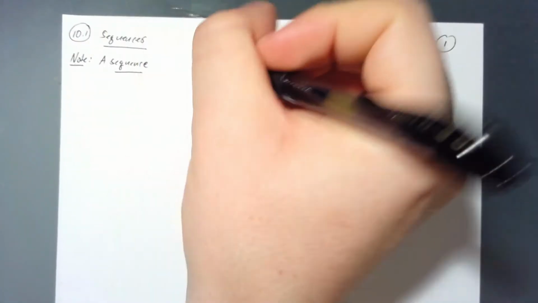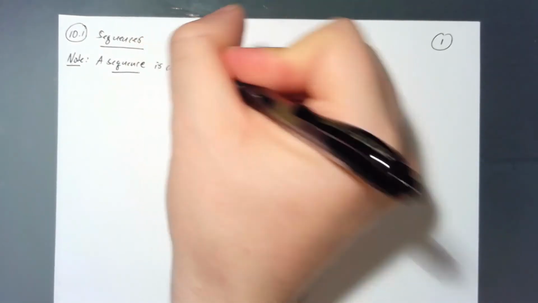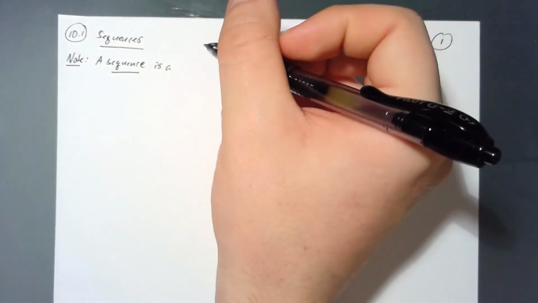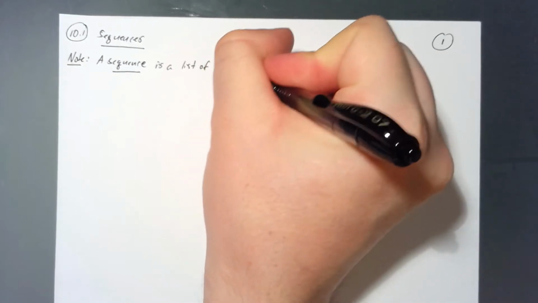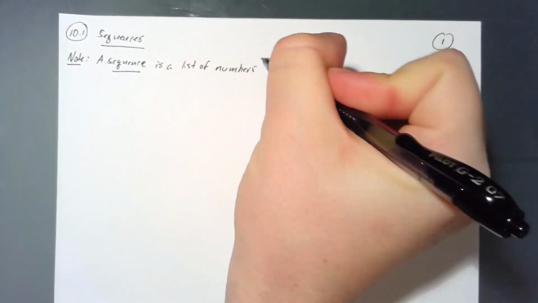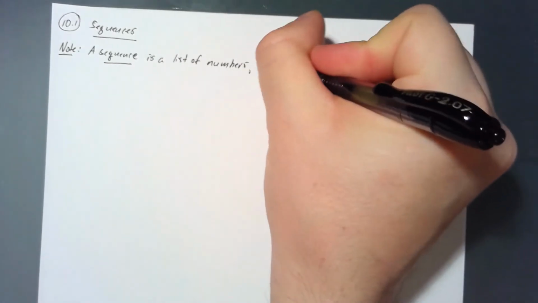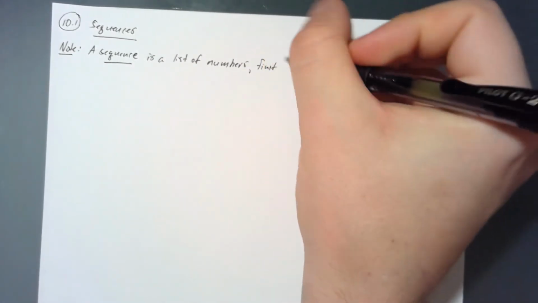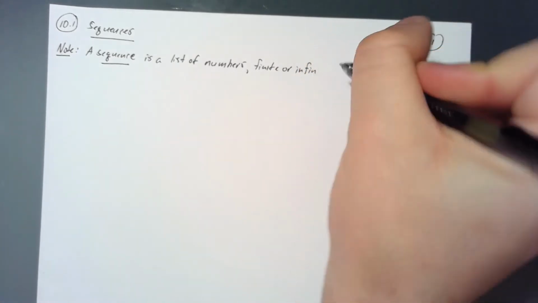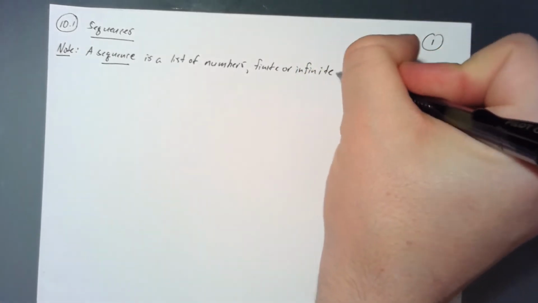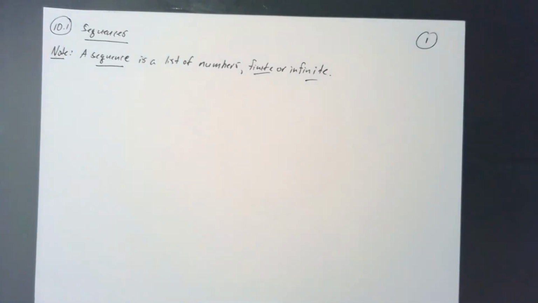A sequence, to put it very plainly, is a list of numbers, finite or infinite. It could be finite or infinite.